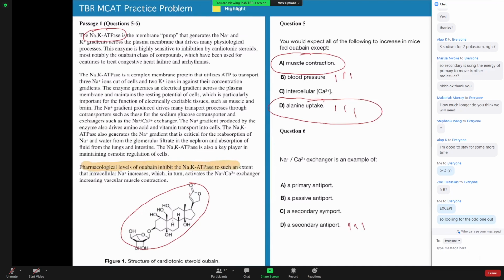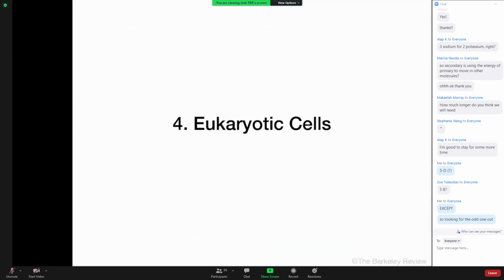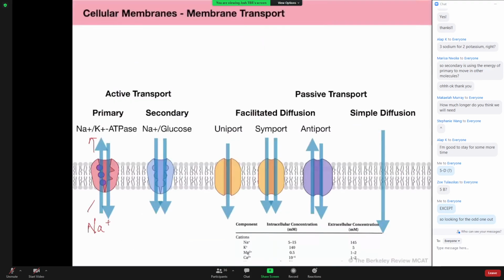Down here. So when you get intracellular Na to increase, it'll turn on this sodium-calcium exchanger. And the sodium-calcium exchanger, as the name implies, is going to exchange a sodium molecule for every calcium molecule.